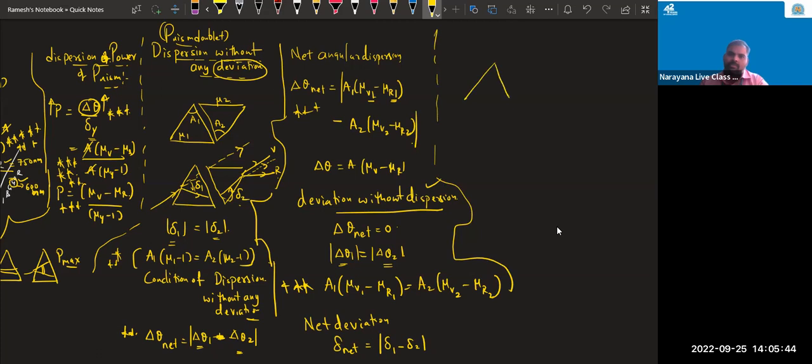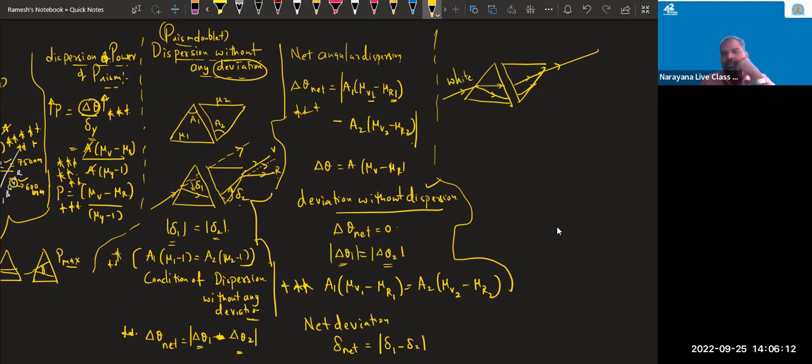If you see this prism, when white light enters, what will happen? Deviated clockwise. Yes or no? Then again, an inverted prism I kept. There is no dispersion. Have you noticed there is no dispersion?